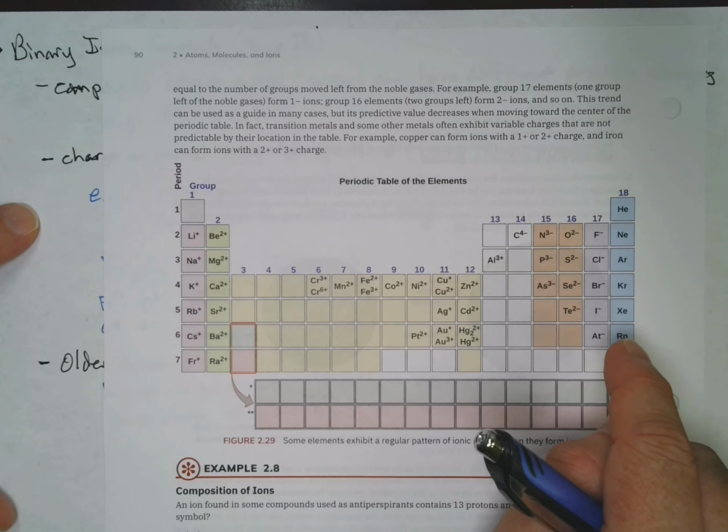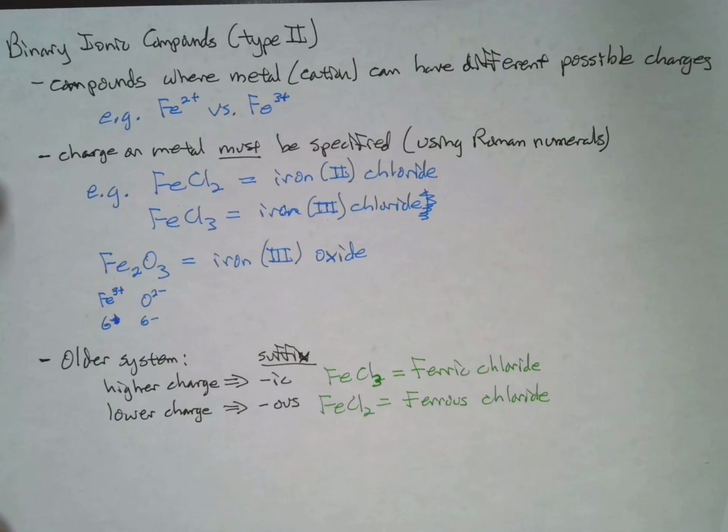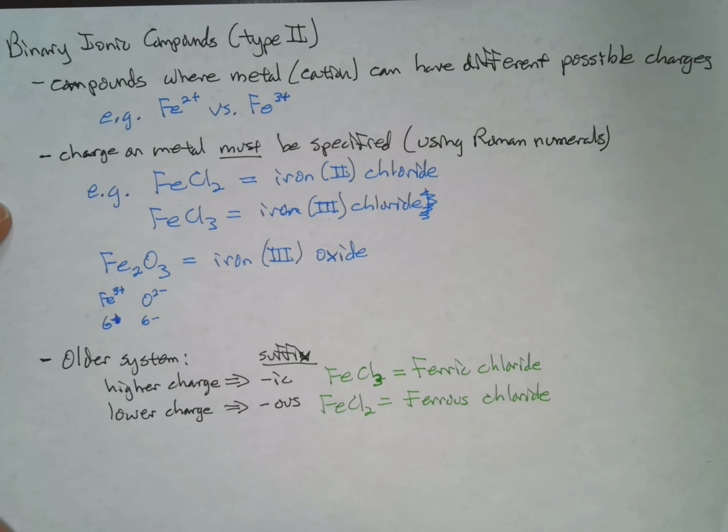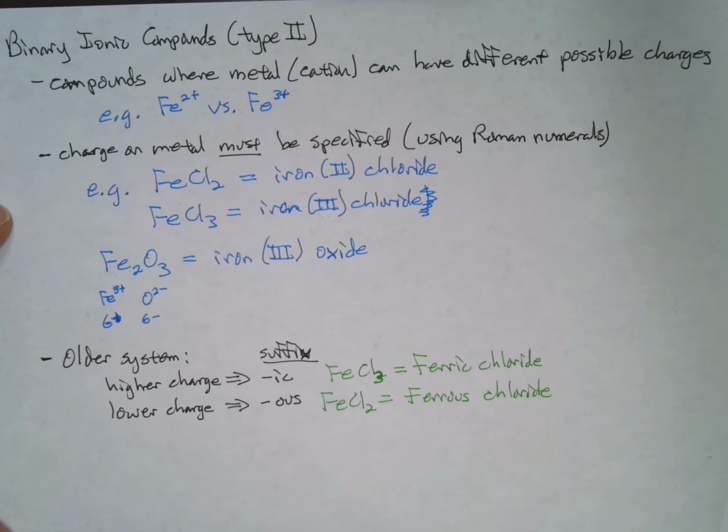All right. Now, another thing that you may need to be on the lookout for is some ionic compounds with polyatomic ions.